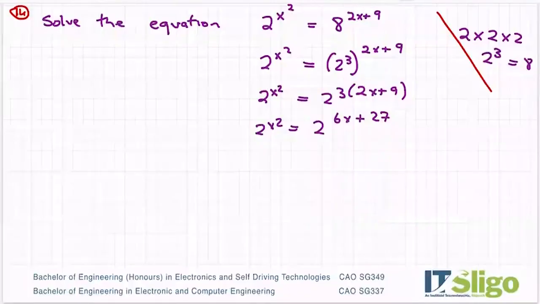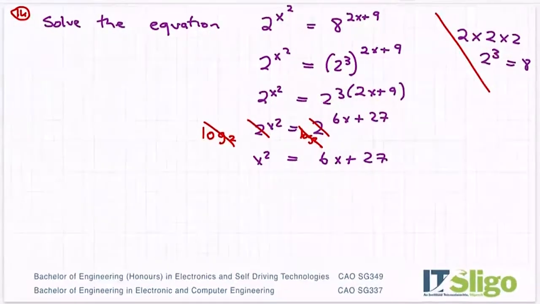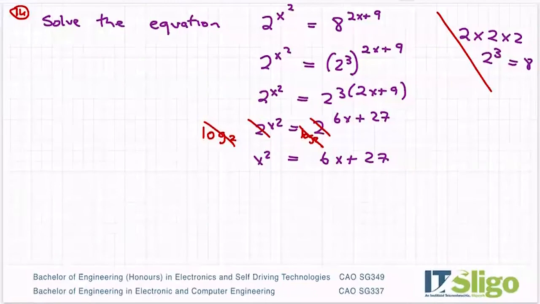So in theory I'm going to take log to the base 2 of both sides, because what I do to one side I have to do to the other. These cancel and I'm left with just x squared being equal to 6x plus 27. That's mathematically what's happening behind the scenes.